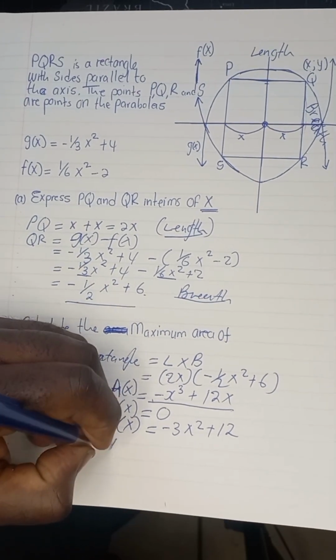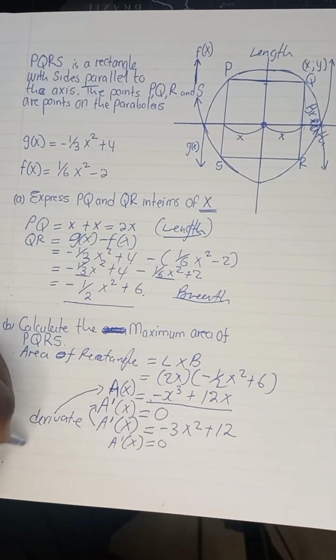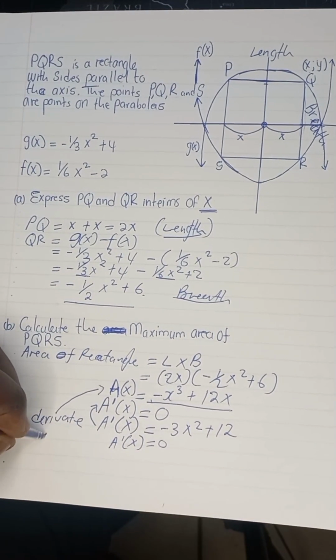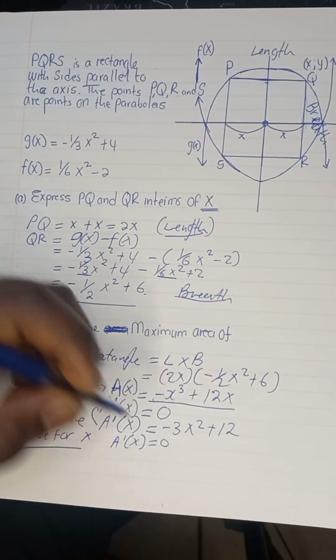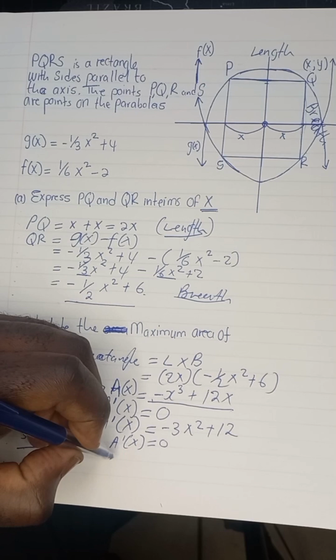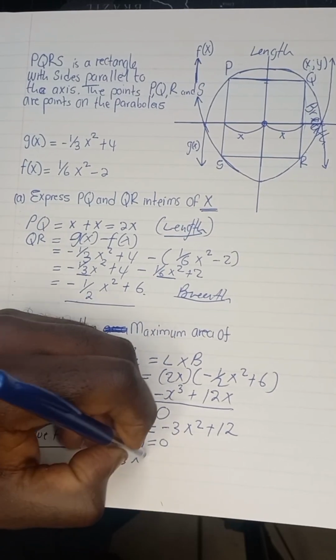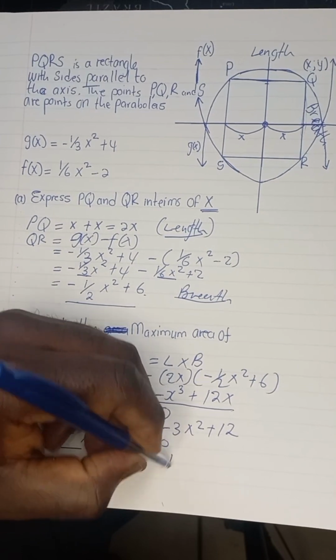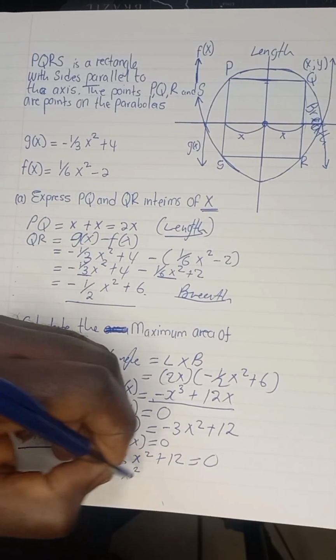From that I need to equate that prime to 0. There I'm showing you, and that means now solve for x when you have equated to 0. So it will say minus 3x squared plus 12 equals 0.